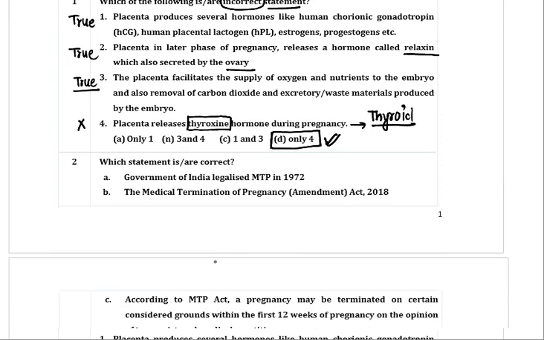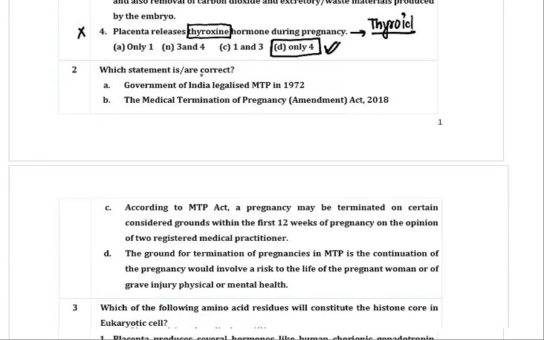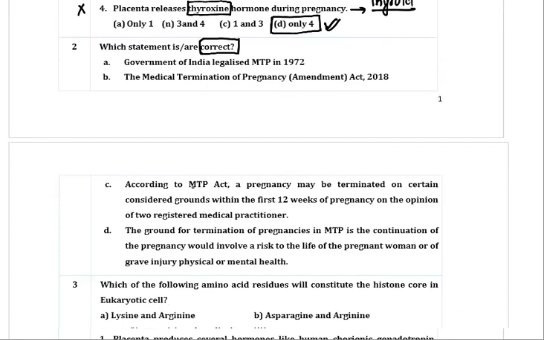Now question number 2. The question asks which one is correct. Here we have to find the correct statement. The first statement, the Government of India legalized MTP in 1972, is wrong. It is not 1972, it is 1971. Then the second statement, the Medical Termination of Pregnancy Act 2018.